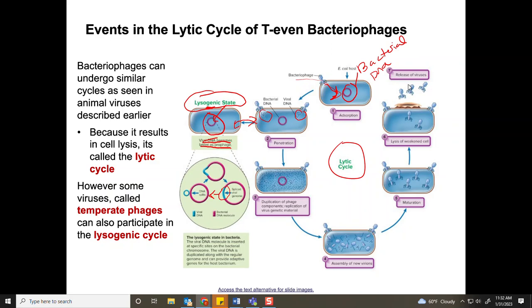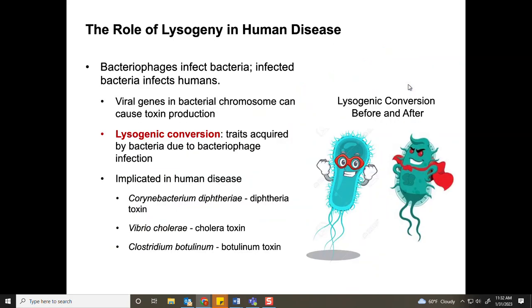All right, so moving forward, what's the role of lysogeny in humans? Bacteriophages infect bacteria. An infected bacteria, though, can infect humans. So that's a very interesting relationship there. Viral genes that are in the bacterial chromosome can cause some pretty nasty CPEs, those cytopathic effects.